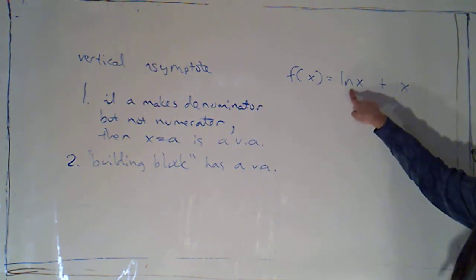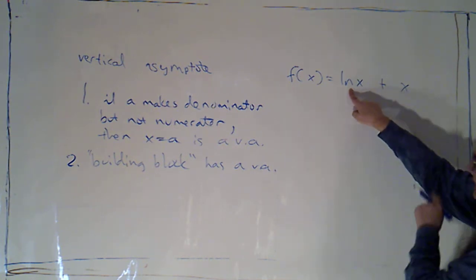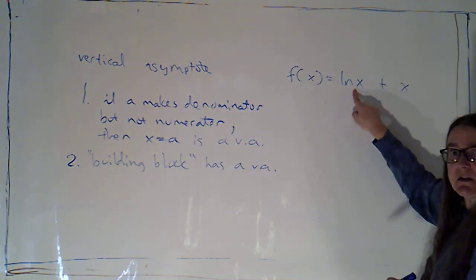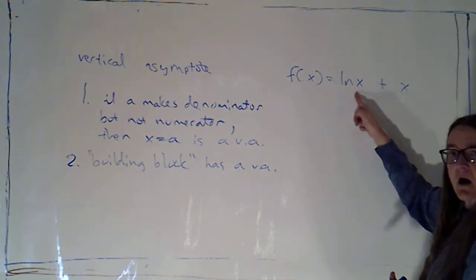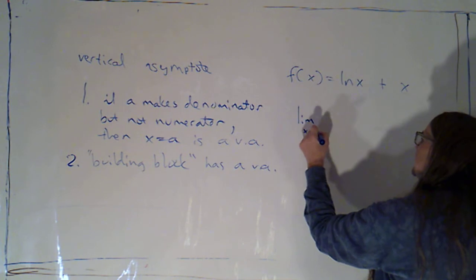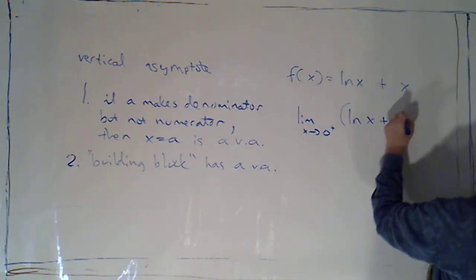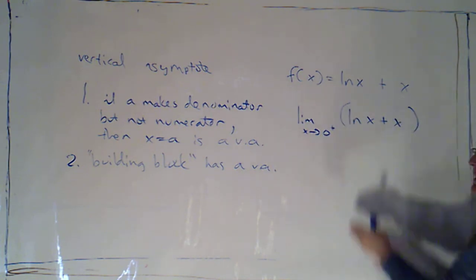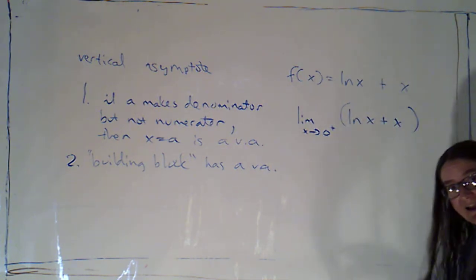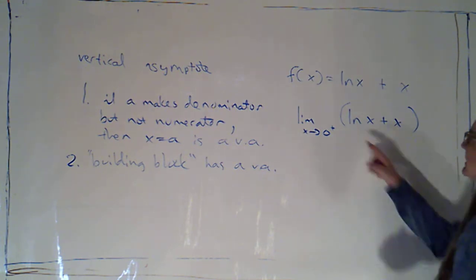So, because this has an asymptote at 0, I know that as I approach 0, and it would have to be from the right, otherwise it wouldn't be in the domain, this piece is going to negative infinity. So I would just have to take the limit as x goes to 0 from the right of the entire thing to see whether this piece going to negative infinity drags the whole thing down with it or not. So let's see.